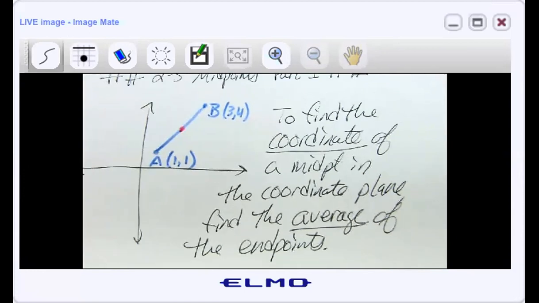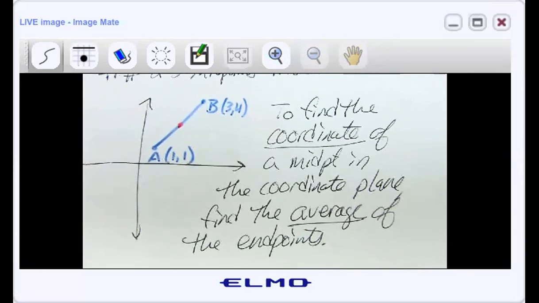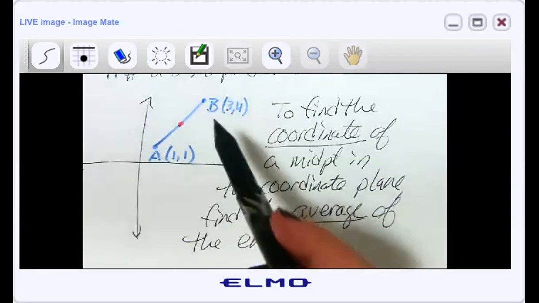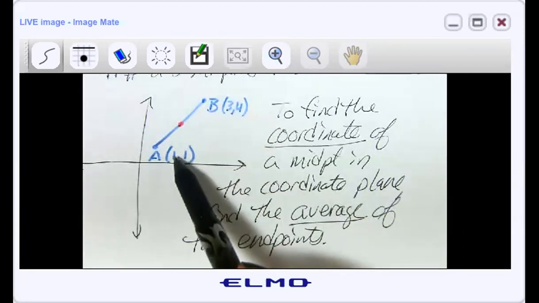So think about average. If you want to find your test average, say we've taken, I don't know, 4 tests, pretend. You add up all 4 tests together, right? You add up your scores, and then don't you divide by 4? And that would give you your test average, right? So I'm basically doing the same thing. I'm just going to average these 2 endpoints together.